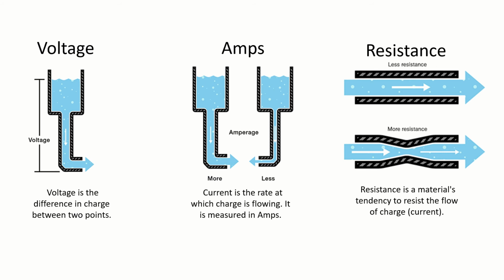The next thing then is a thing called resistance. And resistance is basically a material's tendency to resist the flow of charge or the current. If you think of it in a water analogy, the way I always tell people about this is, if you take a hose pipe and you turn on the tap and the water's flowing through the hose pipe, and you were to stand on it completely, the water would stop.